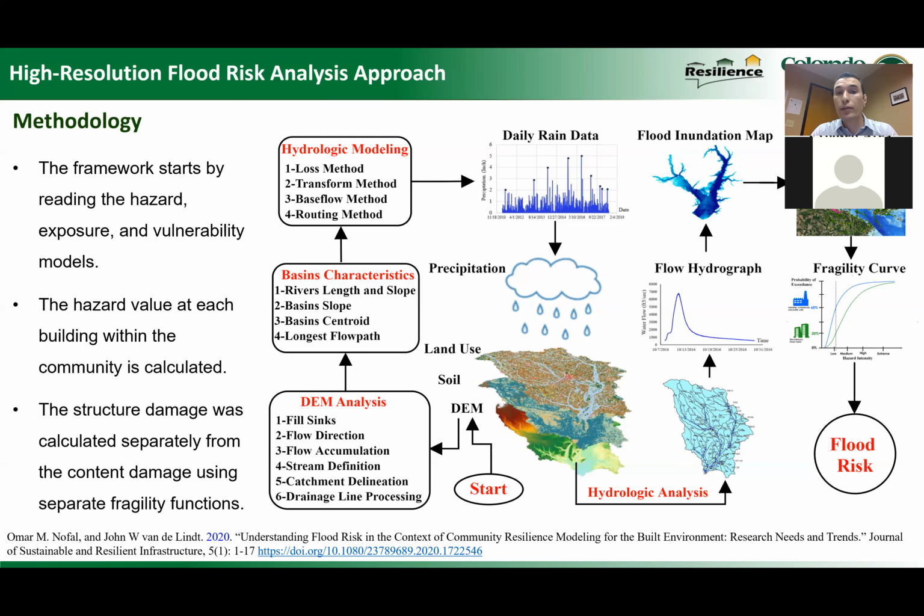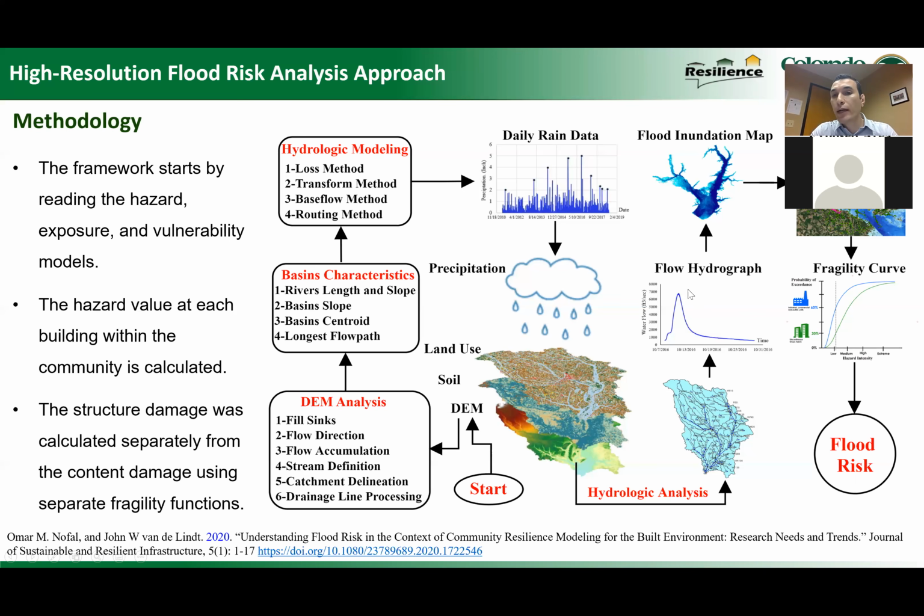This was done using rainfall data along with land use and soil to perform detailed hydrologic analysis. What we get from the hydrologic analysis is the hydrograph, which gives us the timeline of the discharge over the flooding event.